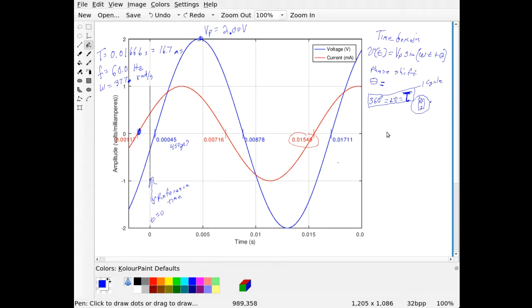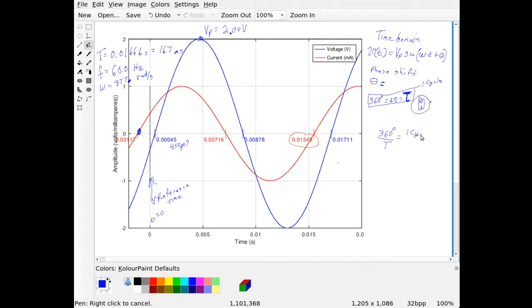We just have to be careful when we punch that into Blackboard. So we have this in time here, and we want to put it into degrees, and we know that 360 degrees is one complete cycle. So if we do 360 divided by the period, both of these are one cycle.